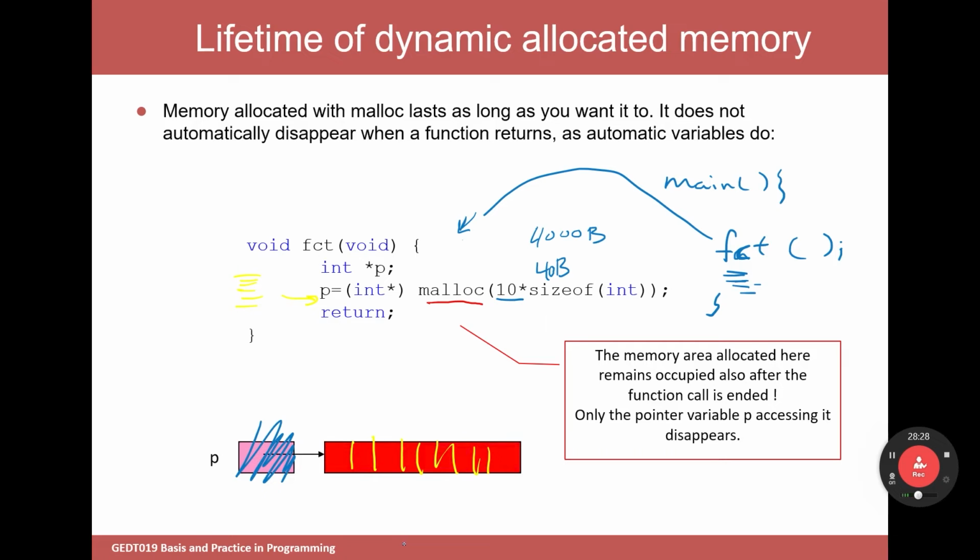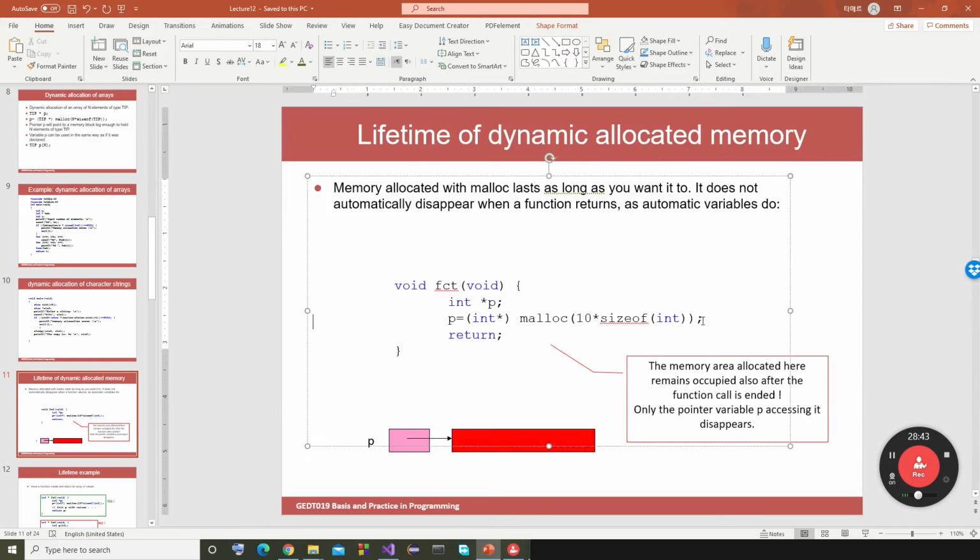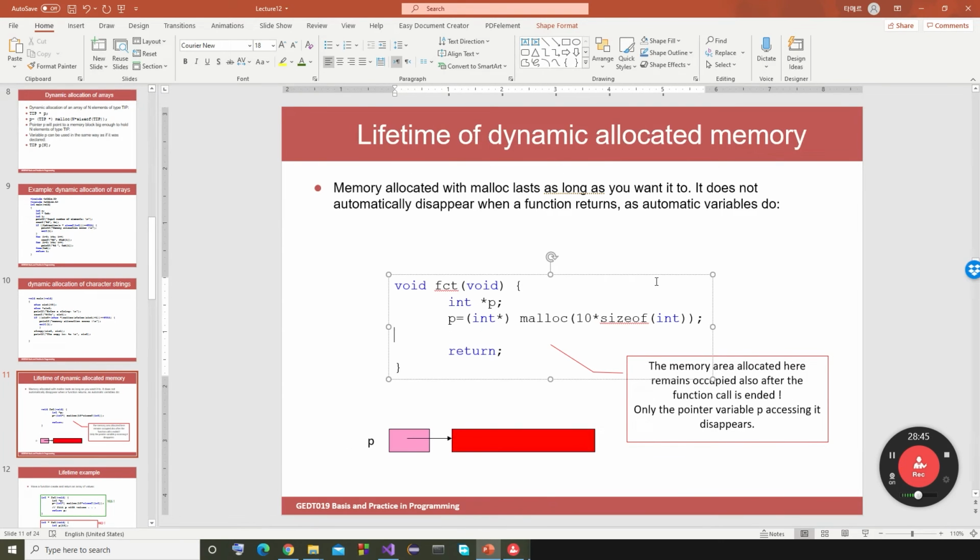So you might ask now, what is the solution for this problem? The solution is easy. At the end of the function, before return, we do a very simple step. We call the function free.